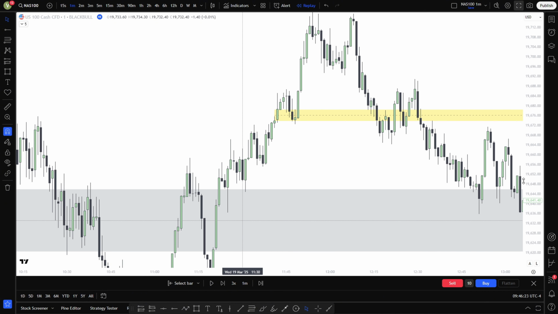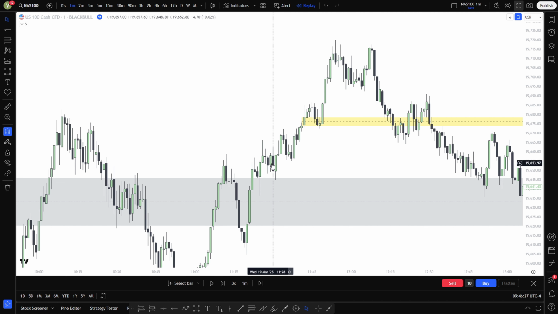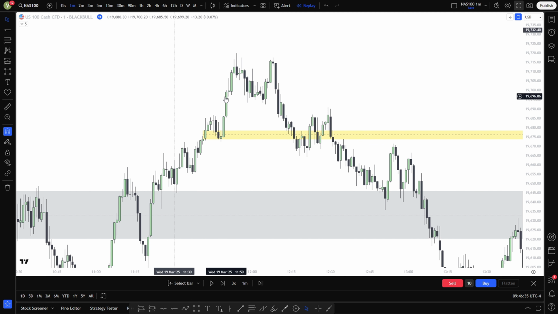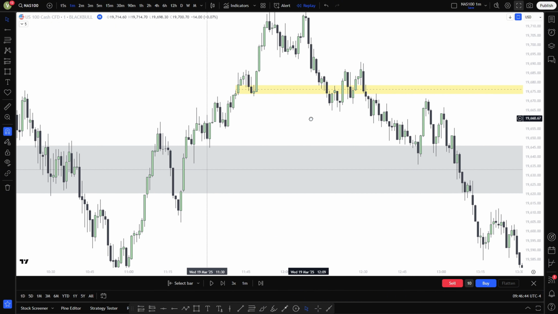So during lunch, we expect a move against the morning winners. In the morning, the longs made money. So in the afternoon, for lunch, we expect a retracement against the people who made money in the morning.